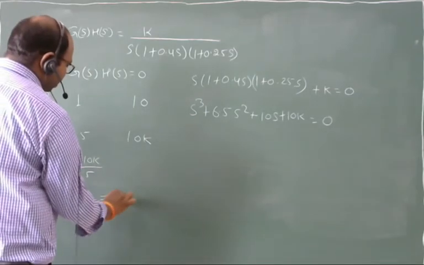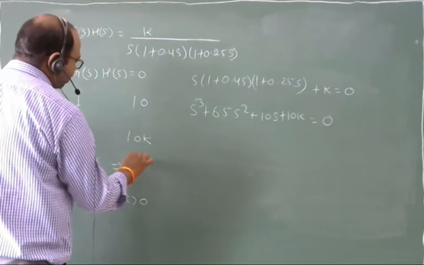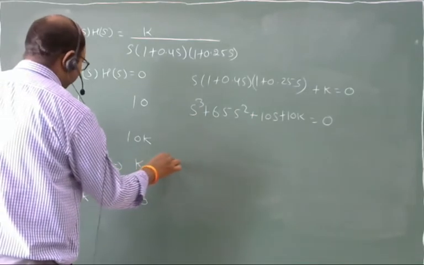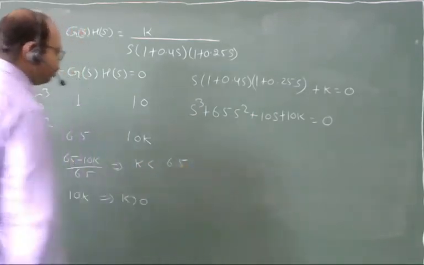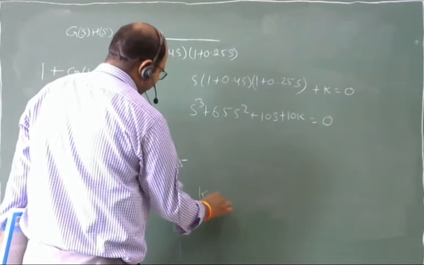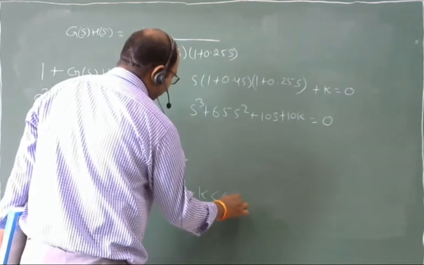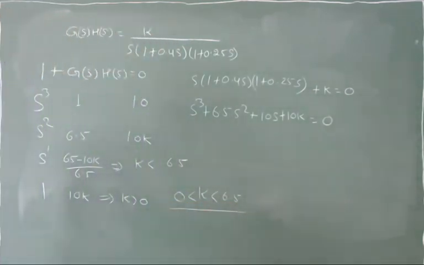From here K should be greater than 0 and from here K should be less than 6.5. So the range of K is greater than 0 and less than 6.5, right?